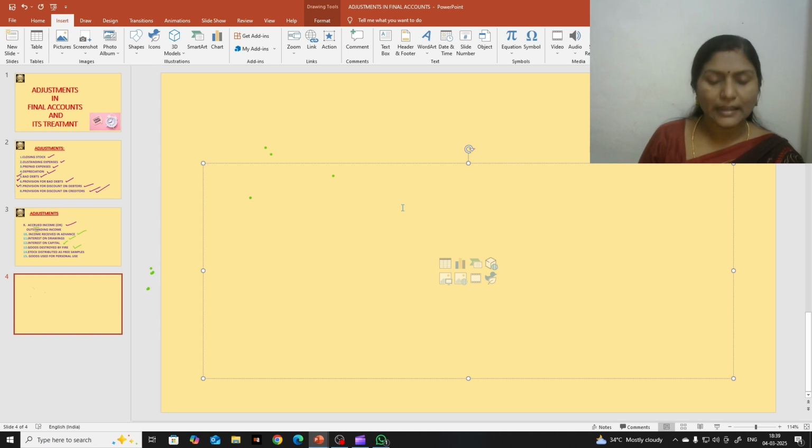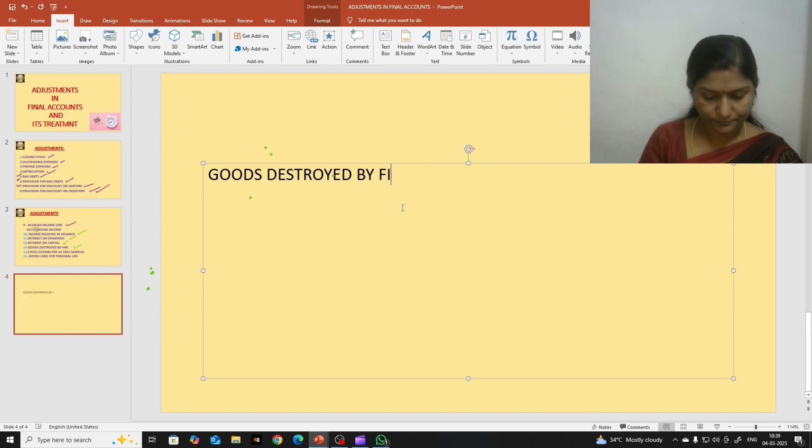So they have given like this: goods or stock, both are same. Goods destroyed by fire, rupees 10,000.